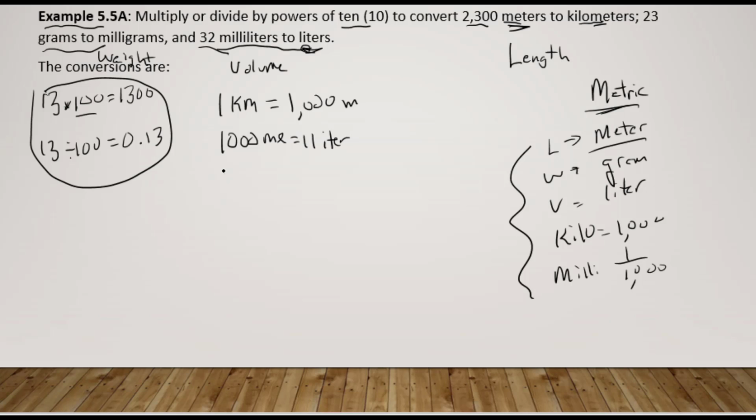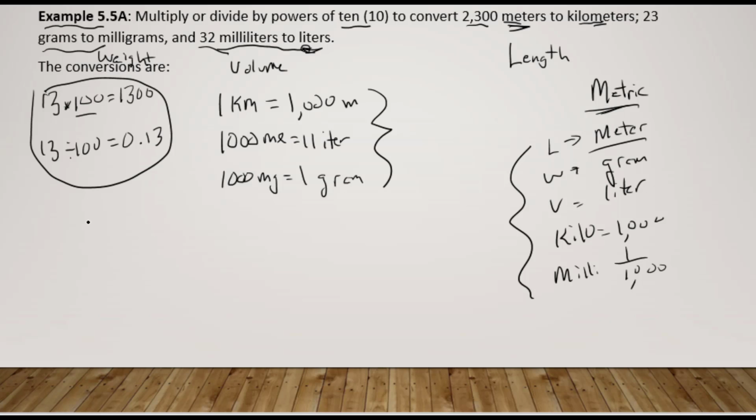And 1,000 milligrams is the same as 1 gram. And you don't have to memorize these. I don't really memorize them. I just know these prefixes, the milli and the kilo.